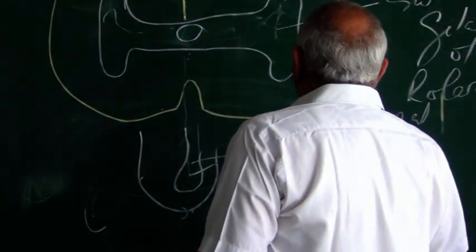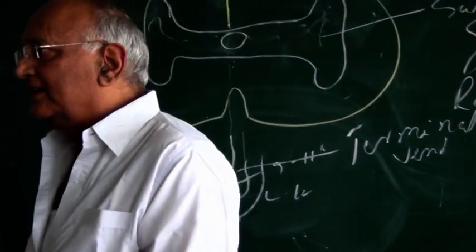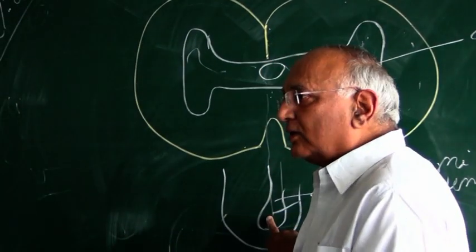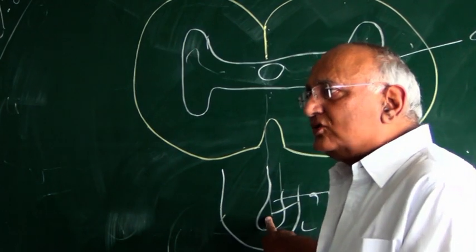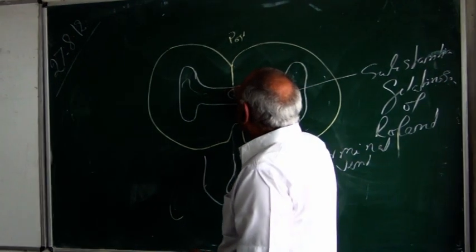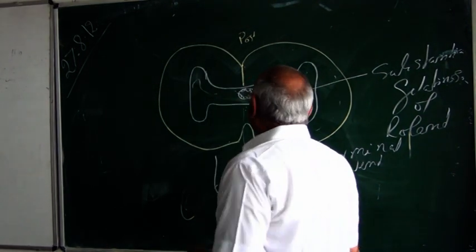When we talk about the CSF, you will know about the ventricles, but here the central canal ends in the cauda equina, and that is called the terminal ventricle. This canal is lined by ependymal cells.